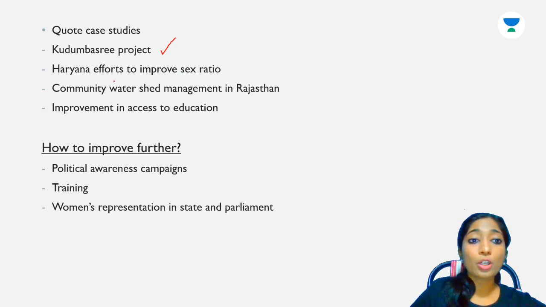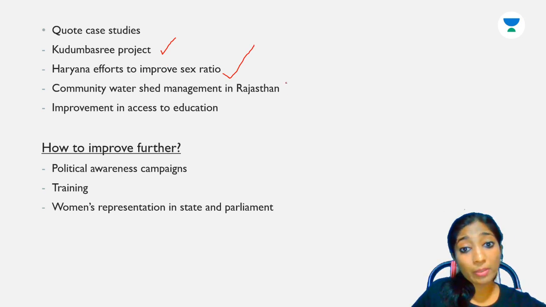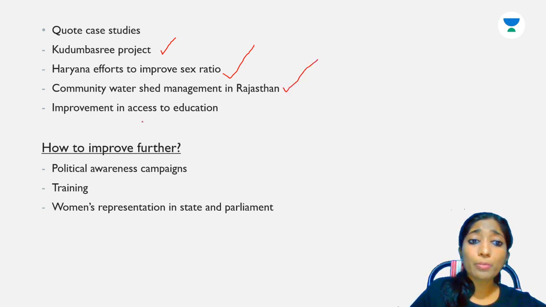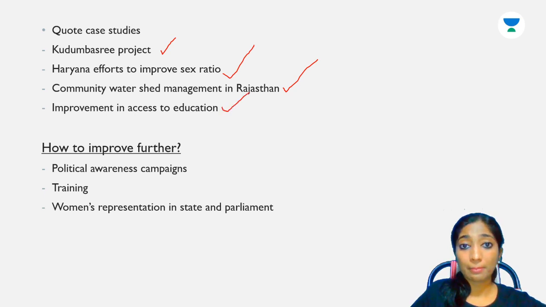And then you can talk about the efforts of women sarpanches in Haryana to improve the sex ratio, and how community watershed management is being done in Rajasthan by women representatives, and then improvement in access to education for women, how all these things are being done by women.